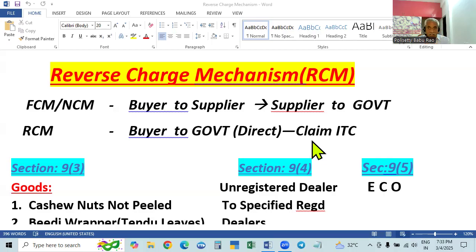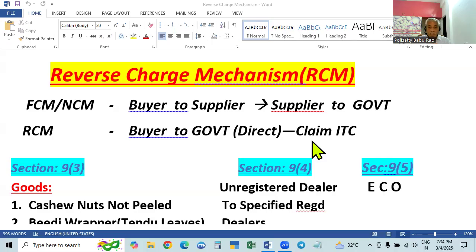The seller will give the invoice with the taxable value of the goods or services, and then the GST applicable to that, and the total price is called the invoice price. They will issue the invoice to the buyer, that is the recipient.